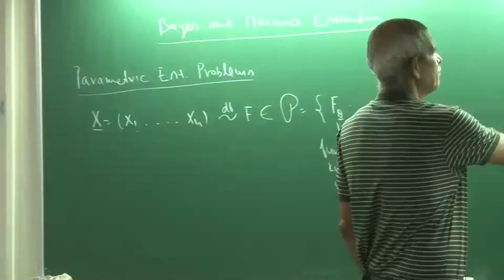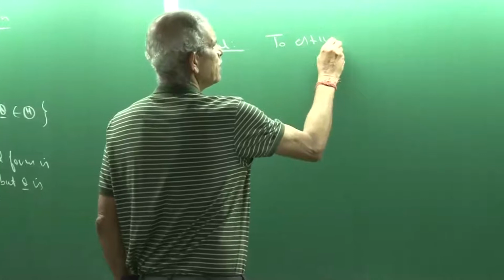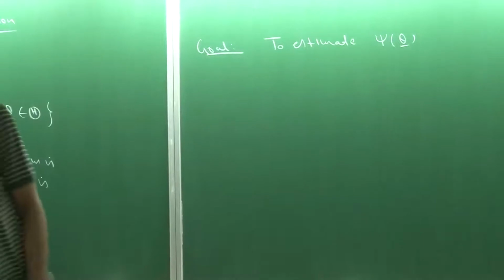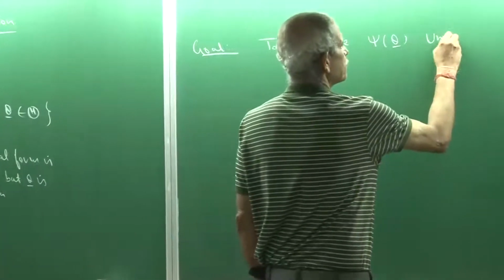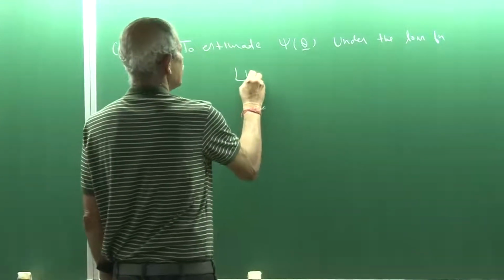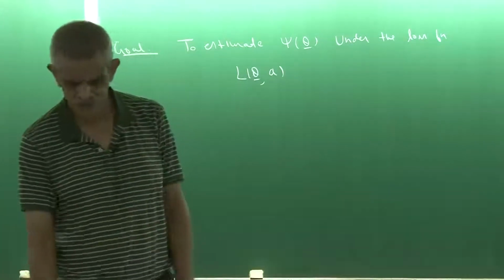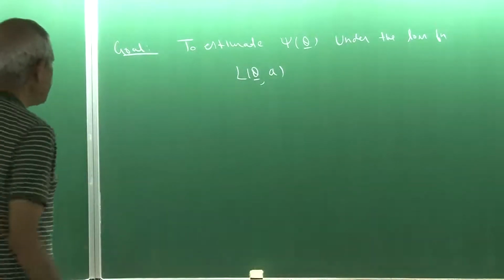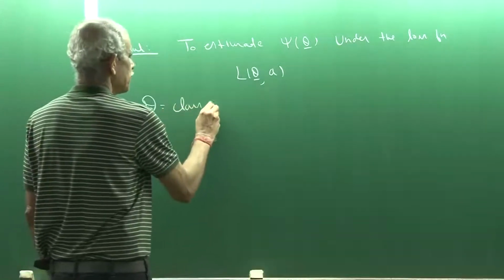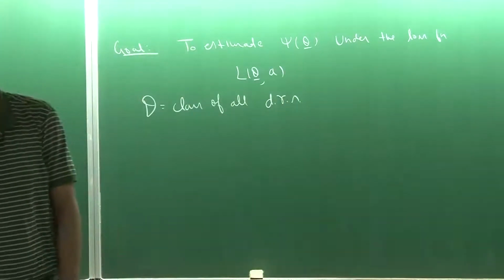So the situation is as follows. I'm interested in estimating psi of theta, some function of theta, under the loss function L(theta, a). Suppose D is the class of all decision rules, which includes even randomized decision rules.